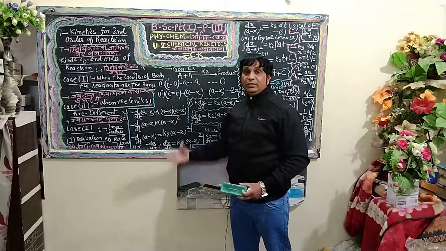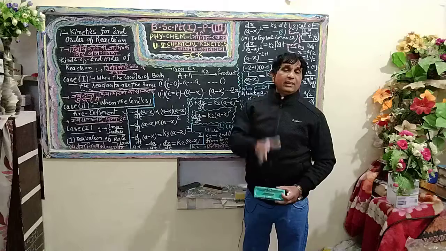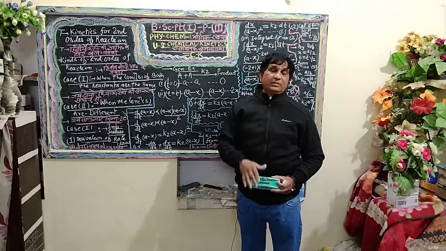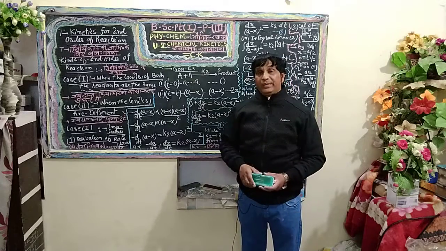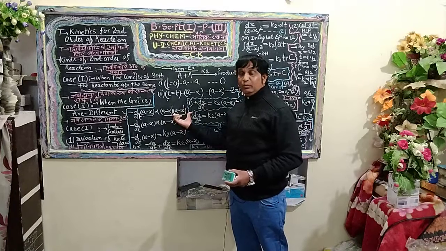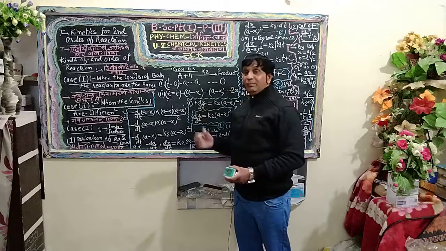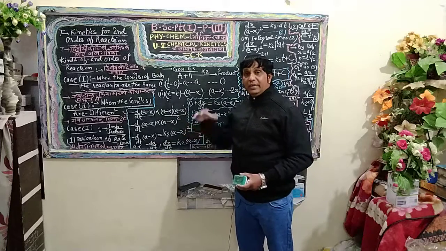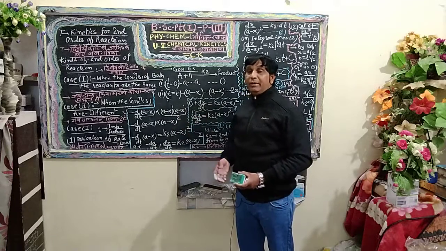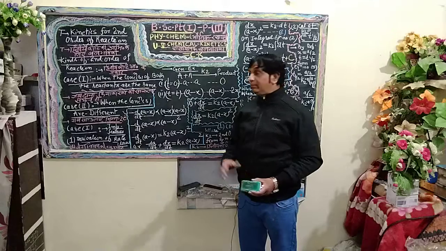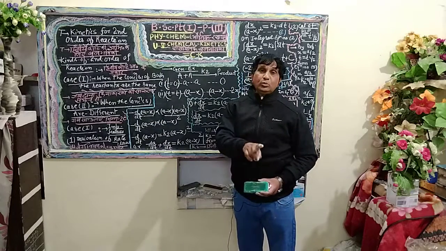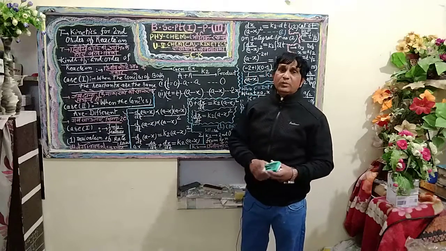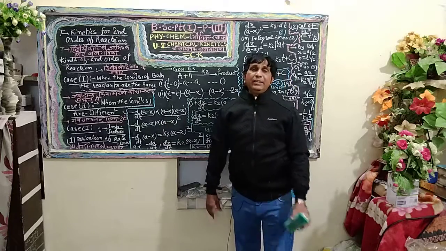In the left hand direction, choose one, either for first order, second order or third order reaction. Double concentration for second order, and for third order you have to write triple concentration, A minus X three times. In the left hand direction you have to write only a single concentration. It is very simple, students.